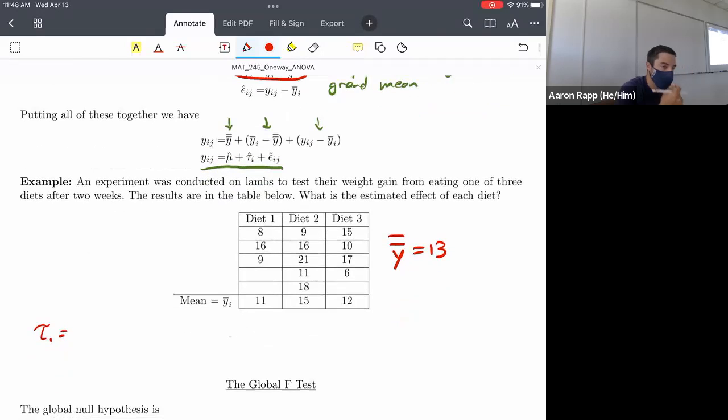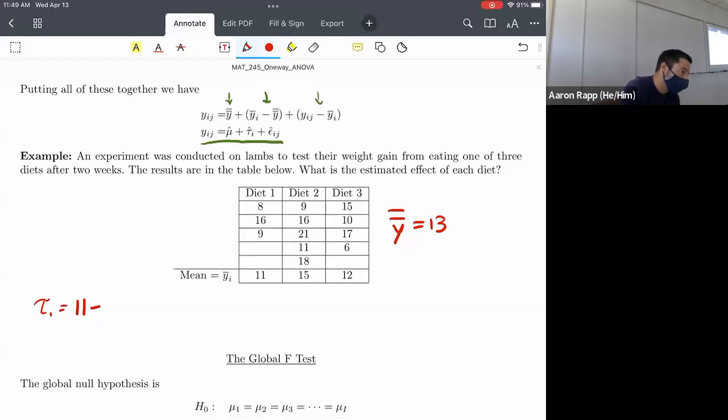So for the first group, I'm going to take its sample mean, which is what? 11. And then I'll subtract the grand mean, which is 13. And 11 minus 13 is -2. What is the estimated treatment effect for the second group?